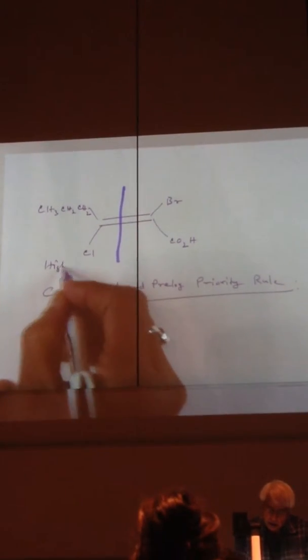All right, so between these two, this is attached to carbon, and this is attached to chlorine. Chlorine has a higher atomic number, so this one gets a higher rank. This is lower. It doesn't matter how long it is. It's the main attachment to the carbon of the double bond that's the important part.